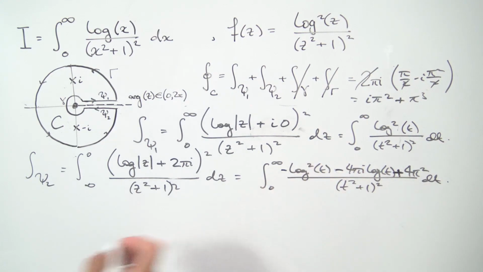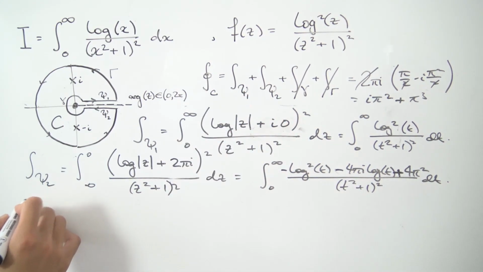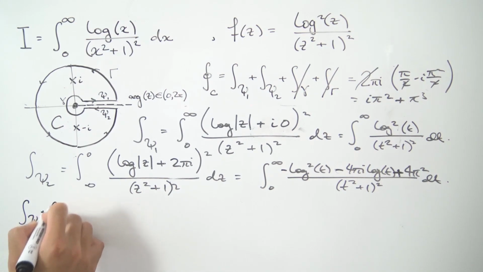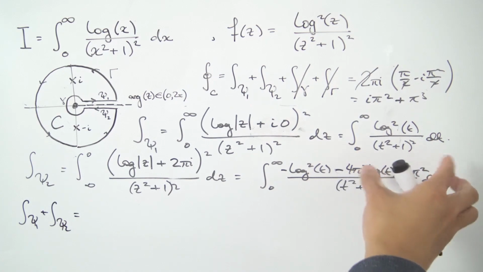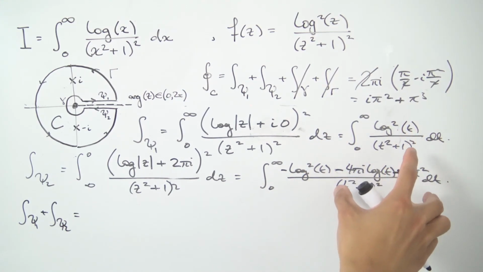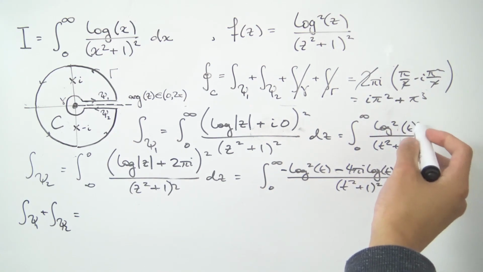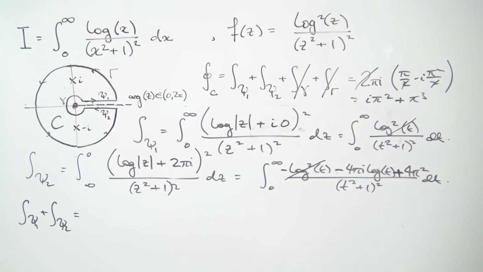So let's add these two integrals together, because we're adding psi1 and psi2 here: the integral over psi1 plus the integral over psi2. What is that in the very end? Well, notice the interval of integration is the same, so you can just add the integrands. Now you'll have a log squared over here, which will cancel with the minus log squared. This is exactly what we wanted.